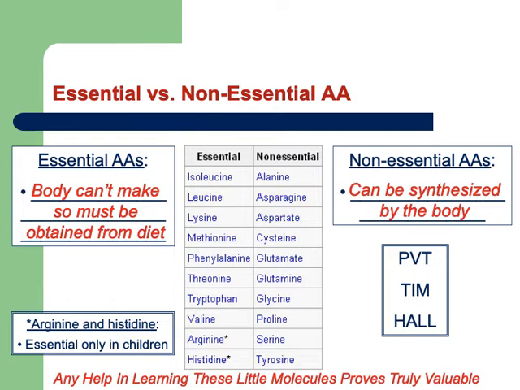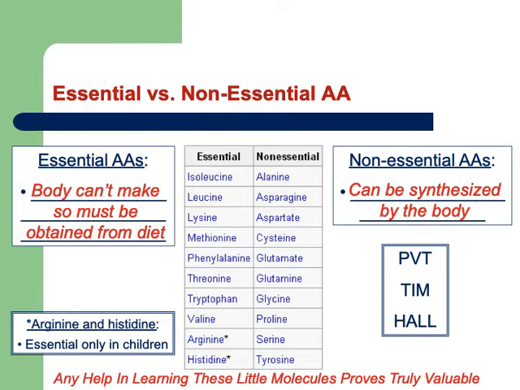The key here is we see asterisks beside arginine and histidine. These are only essential in children, because the metabolic pathway that synthesizes these amino acids is not fully developed in children, but in adults it is. And so arginine and histidine are non-essential for adults, but they're essential amino acids for children.